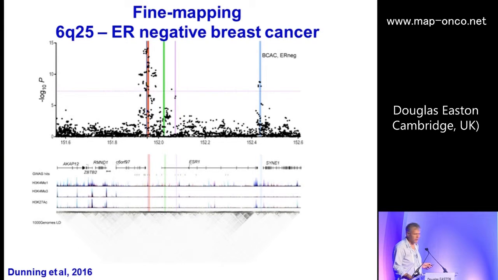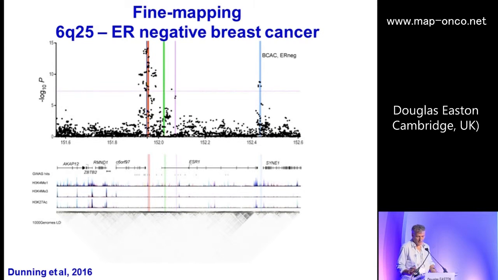So there's at least 5, and I think from the latest data, maybe as many as 9 independent signals. As expected, none of them are in the gene itself. Most of them are either upstream or downstream of the gene in enhancer regions, which you can show using 3C experiments interact with the promoter of ESR1, and also another gene up here, which I think isn't shown here. But anyway, it's the predominant interaction with ESR1.